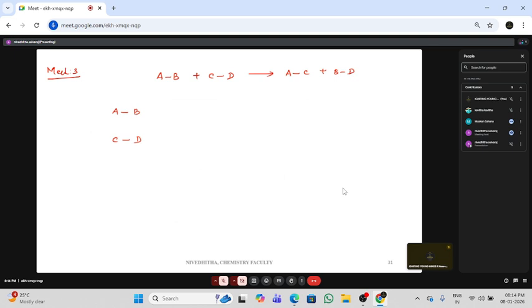It can be homolytic cleavage or heterolytic cleavage, but I've broken the bond completely and attached two atoms together, right? But what is happening here is that bonds are not getting broken initially. These two molecules are coming closer.